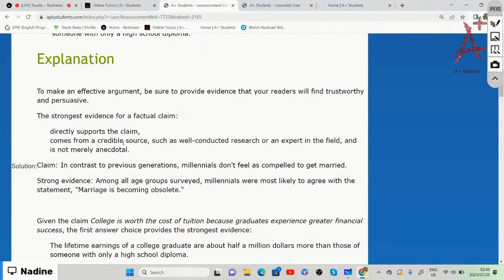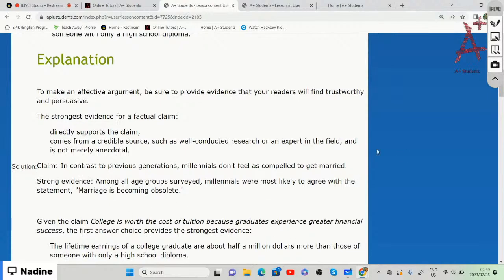So, direct support for the claims comes from credible sources such as well conducted research or an expert in the field and is not merely anecdotal, right? So, you can either interview an expert within the field, but you need to have notes or a recording, or well conducted research that is supporting your claim.